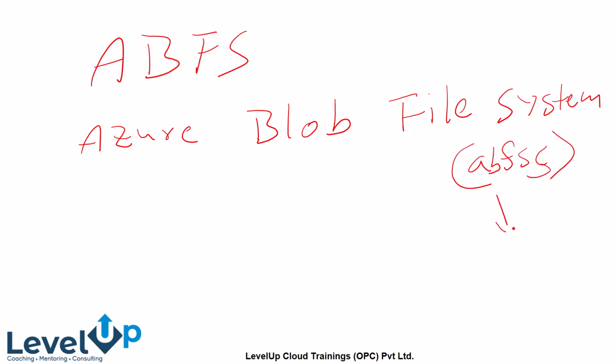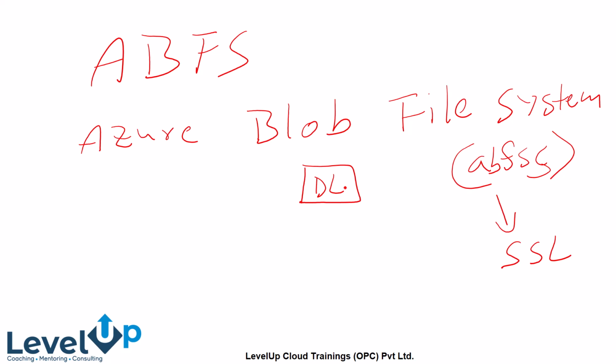Okay, this is our SSL. We will use ABFSS in future. When we learn Azure Databricks and Synapse, we will use ABFSS to access the files which are there in the Azure file system.